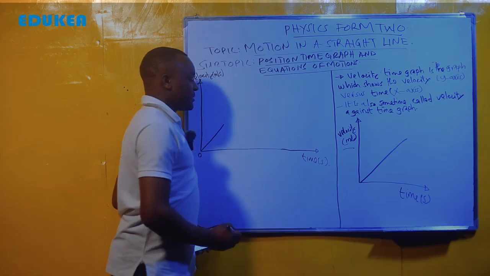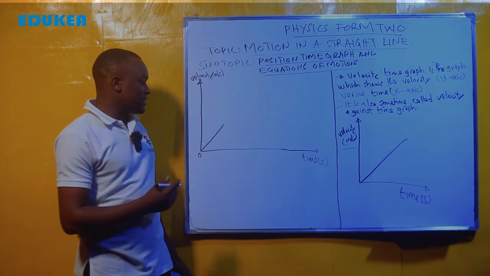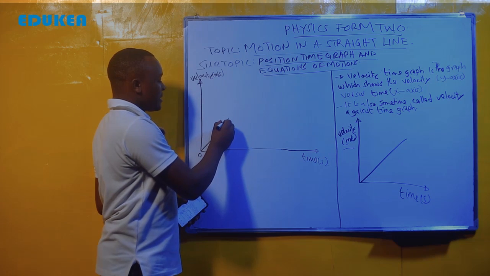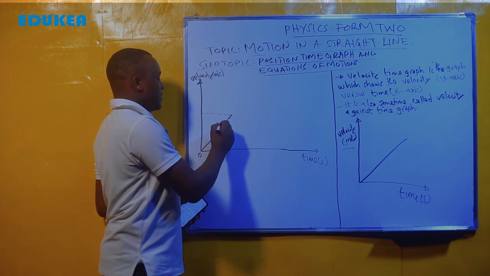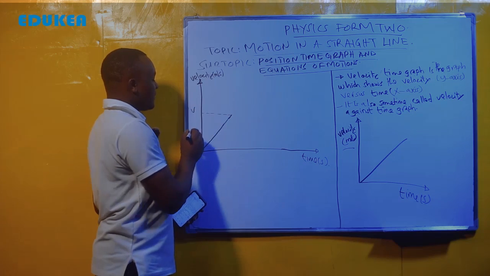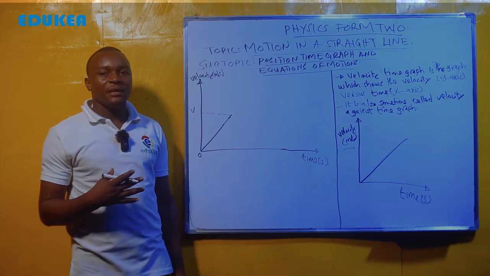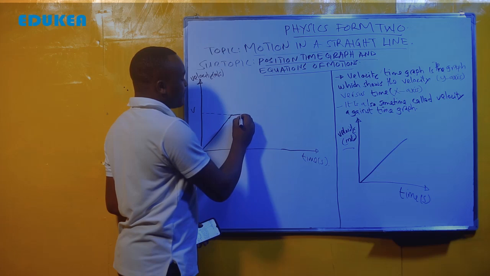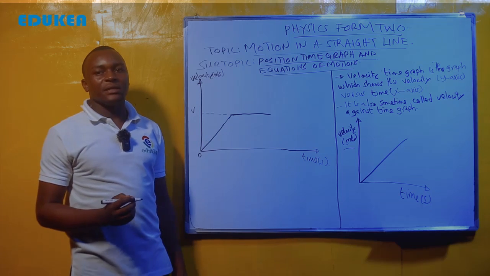Now consider the body starting to move from rest and then accelerating up to some point where it has a velocity v. After having the velocity v, it also travels with a uniform velocity.